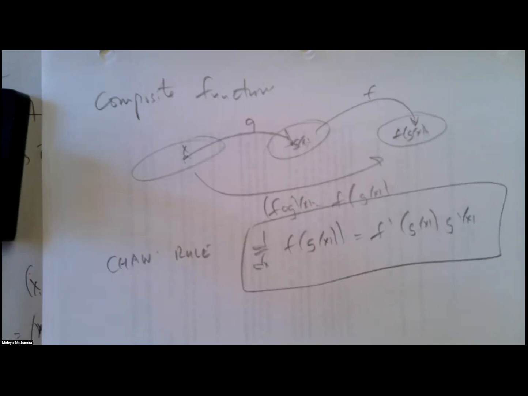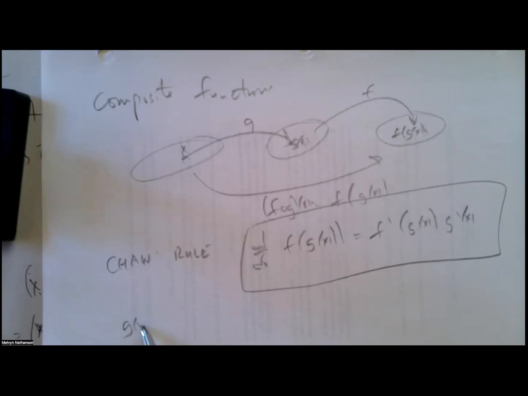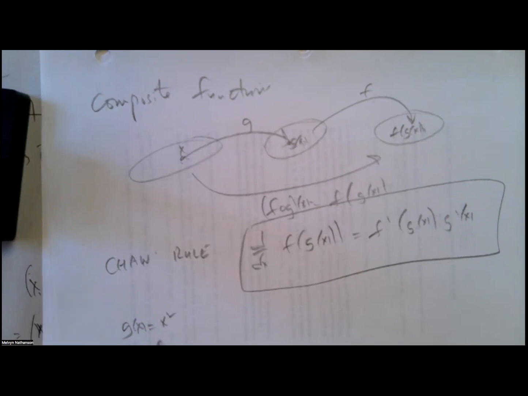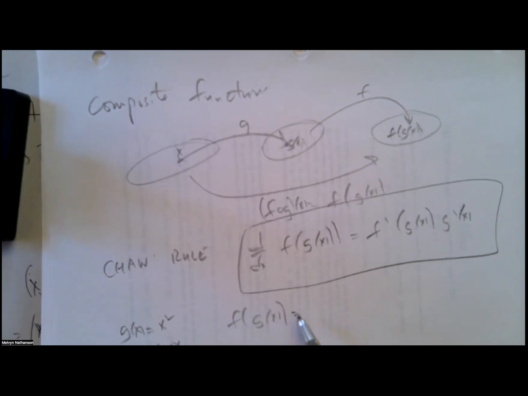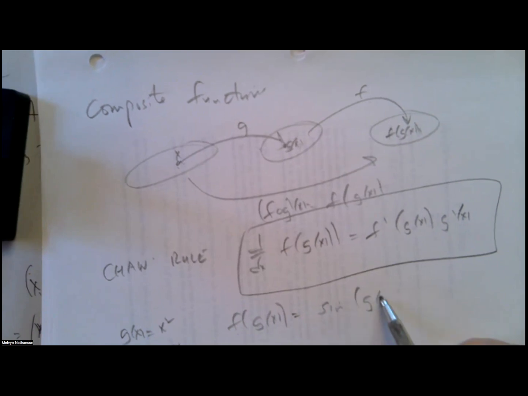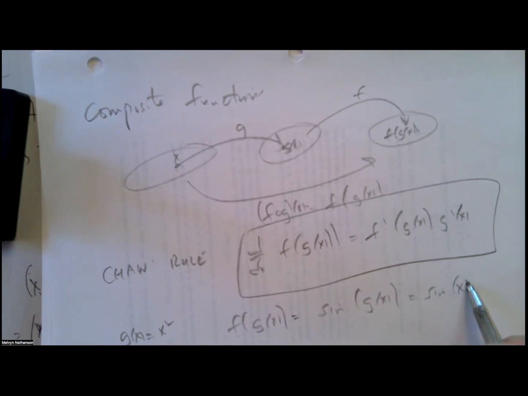Let me just give an example. Suppose g of x is the function x squared, and f of x is sine of x. So f of g of x, this means the sine of g of x. And g of x is x squared. This is the sine of x squared.